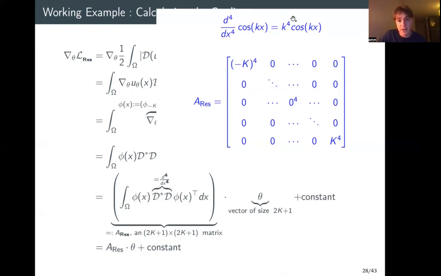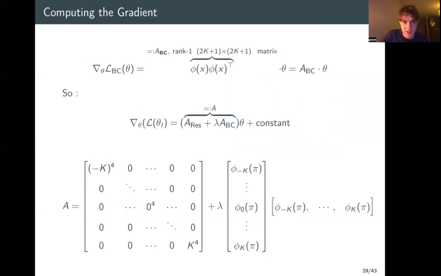And then we're going to have this k to the power of 4, where k corresponds to the frequency. We're going to take the frequency associated to the sine, take it to the power of 4. And then essentially what we're going to have in this matrix is a very simple diagonal matrix, where the diagonal entries are going to be the frequency to the power of 4, from the frequency 0 to the frequency big K, or minus K to big K.